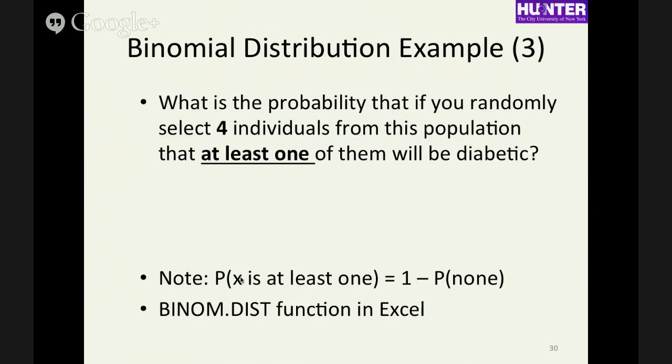Or alternatively, for at least 1, you could calculate using x equals 1, 2, 3, 4 and add all those up, or it would be less work to just do the calculation for x equals 0 and then calculate 1 minus that, because all possible probabilities have to add up to 1.